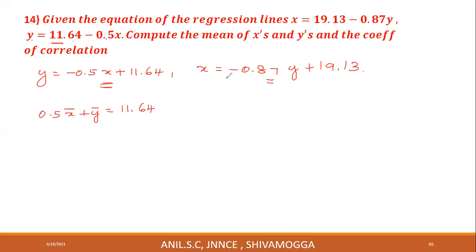Similarly, this equation: x bar plus 0.87 y bar is equal to 19.13. Solve these two equations and tell me what is x bar and what is y bar.